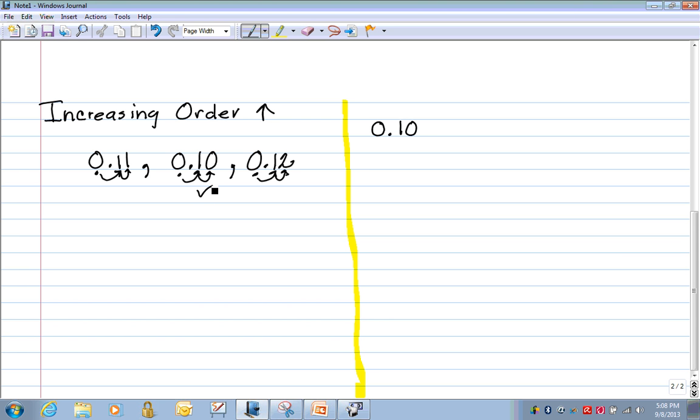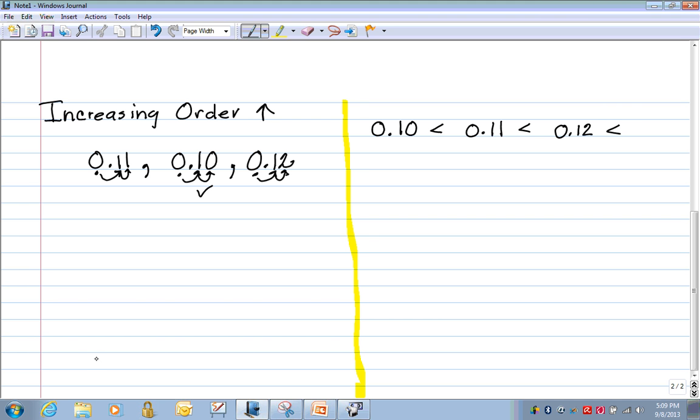The next smallest number between 1 and 2 is 1, so I would write 0.11. And then my largest number is 0.12. And if they are in increasing order, I would say 1/10 is less than 11/100 and less than 12/100.